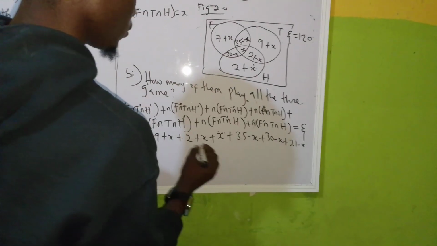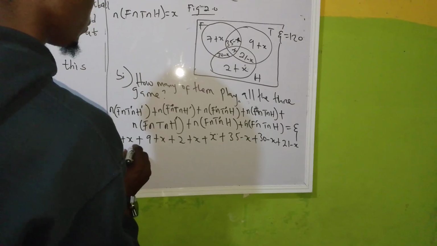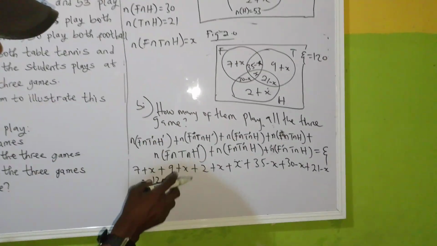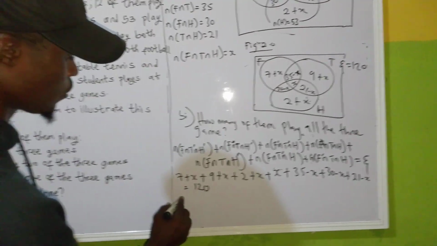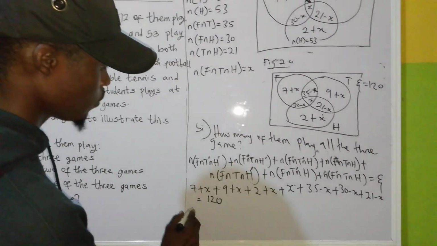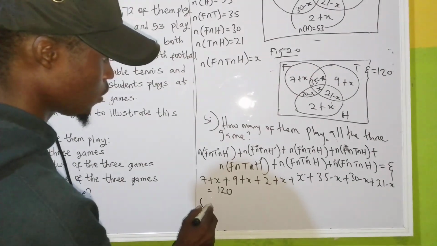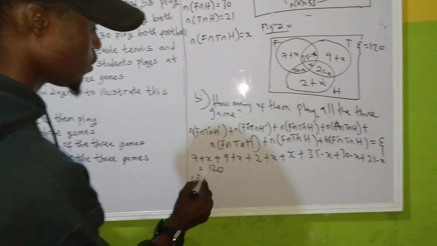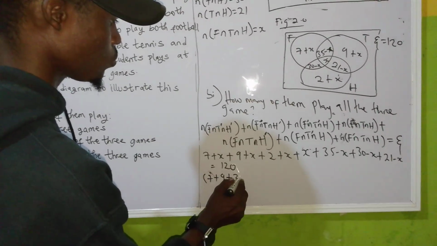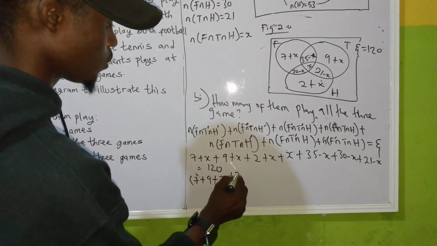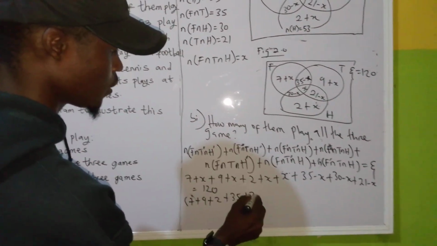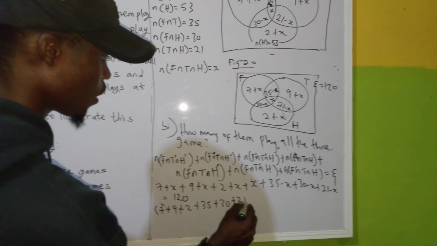equals 120. Alright, so we are now going to add all of these up. That will be 7 plus 9 plus 2 plus 35 plus 30 plus 21.